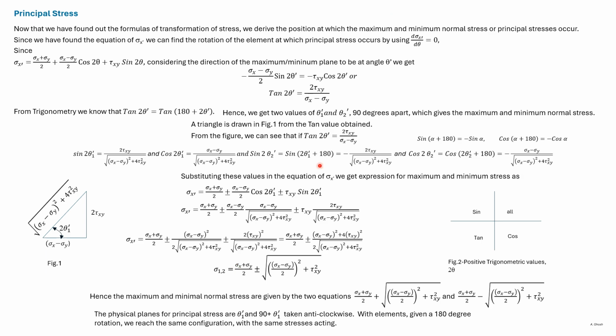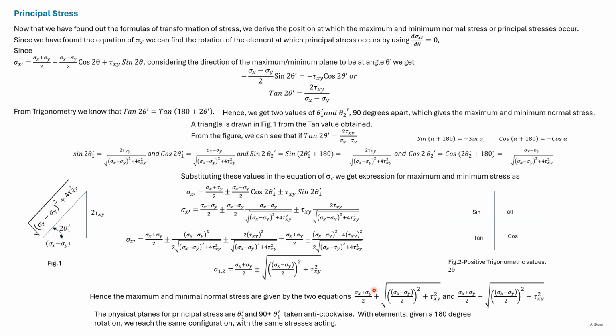With the positive value, we get sigma maximum, and with the negative value, we'll get sigma minimum. Sigma maximum corresponds to theta dash 1 and sigma minimum corresponds to theta dash 2. Now consider the fact that this term and this term are both positive. Then this term for the maximum normal stress will have a larger value. Consider one value is positive and the other negative.